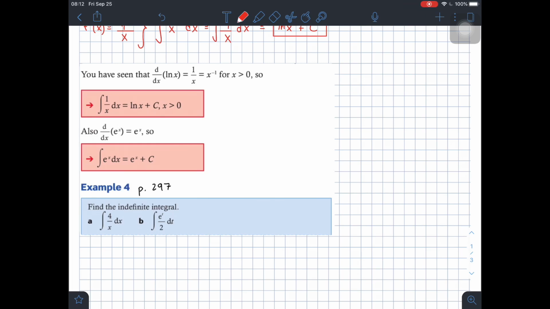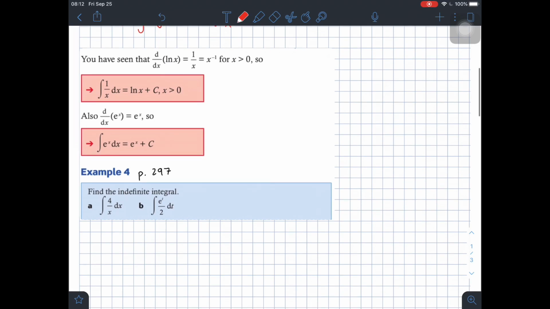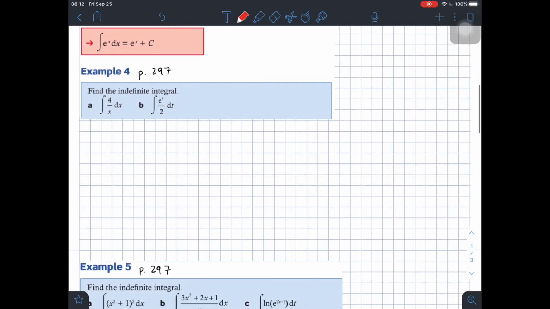That means that the integral of e to the power of x would still be e to the power of x plus c, okay? So these are the two new rules you're learning today. The integral of 1 over x is natural logarithm plus c, and the integral of e to the power of x is e to the power of x plus c. These two rules for integration are both in the formula booklet, okay? Let's see these examples in order to ground the concept.